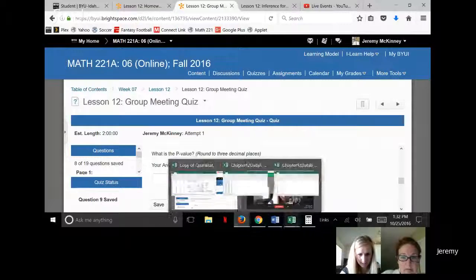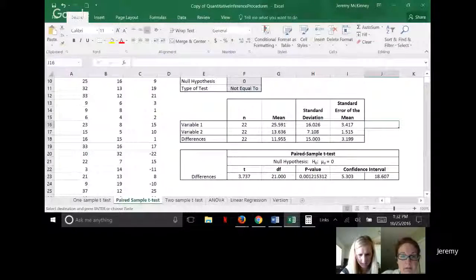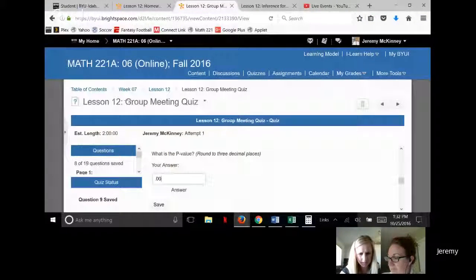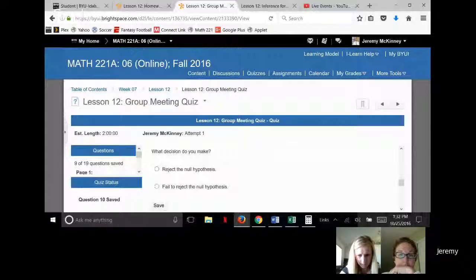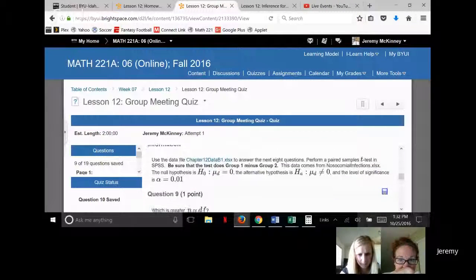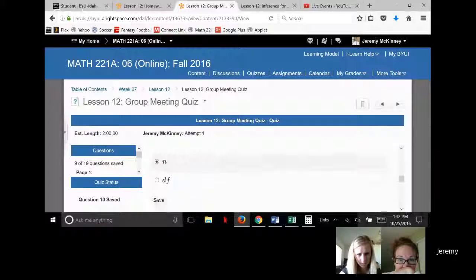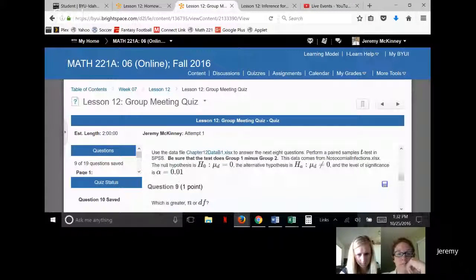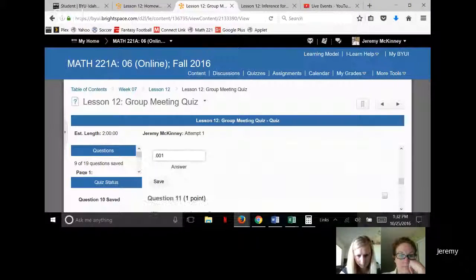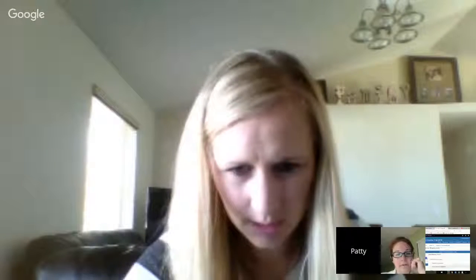All right, and then the p-value? 0.001. Yep. So if 0.01 is the level of significance, and the p-value is 0.001, then you fail to reject it, right?